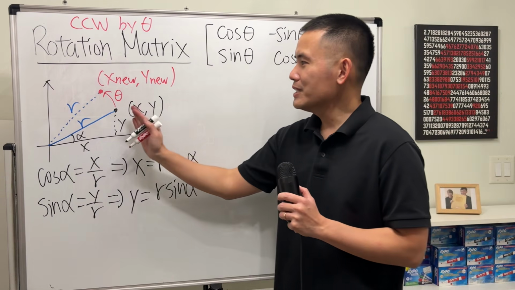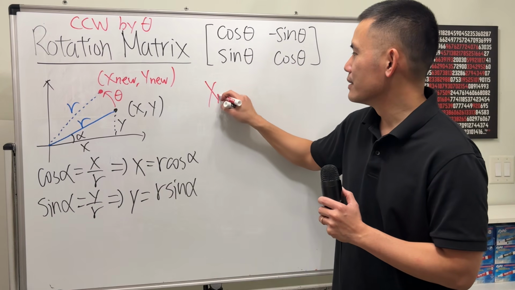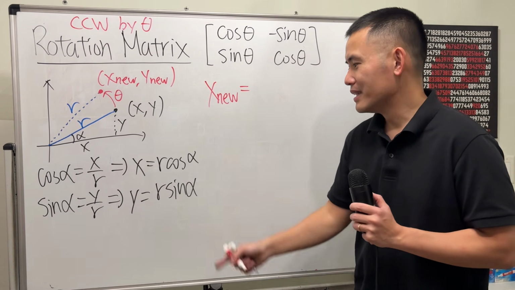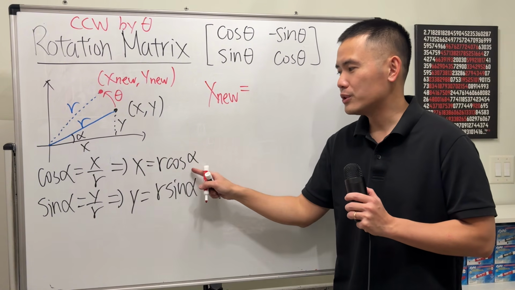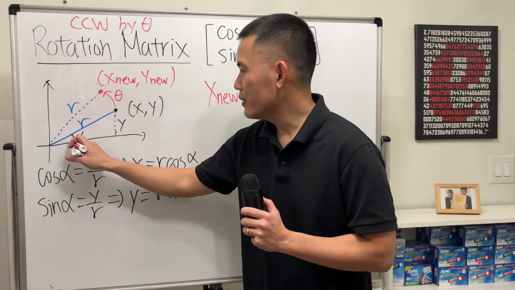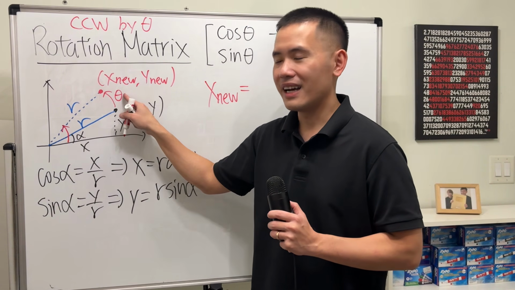Now, once we get to this new point, what will happen? X new, it's going to be what? All we have to do is just go ahead and look at our original x. We have cosine alpha. The whole thing from here to here is alpha plus theta.